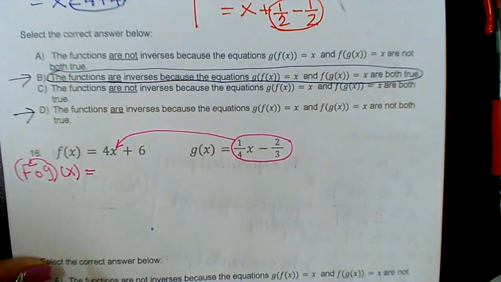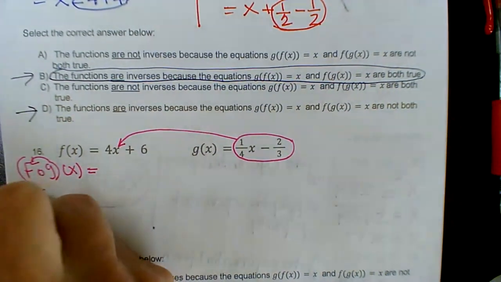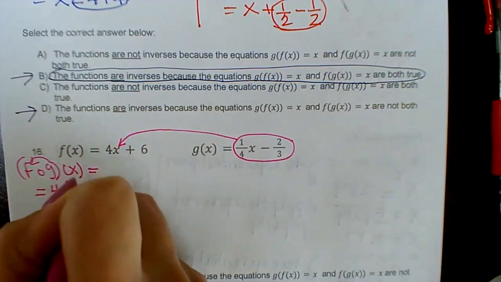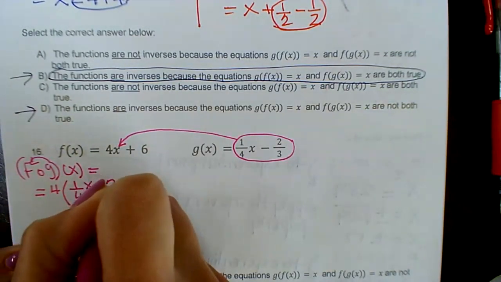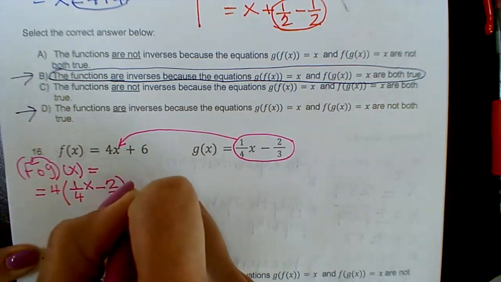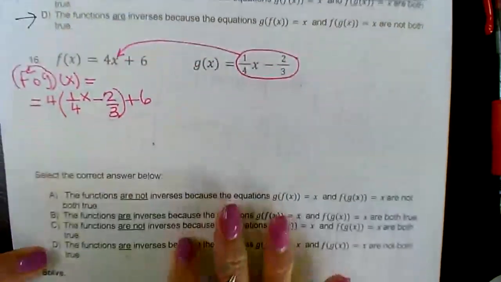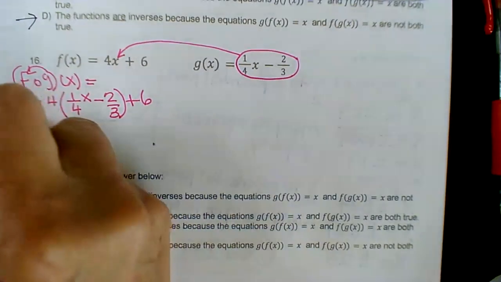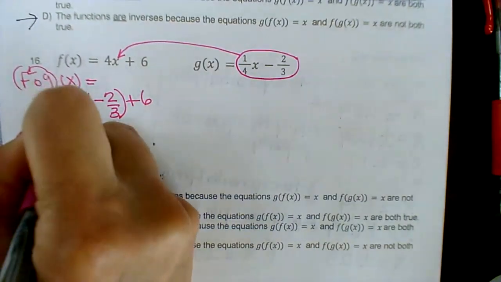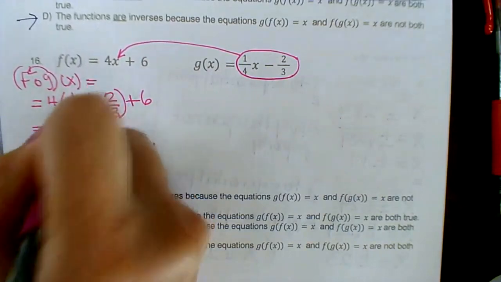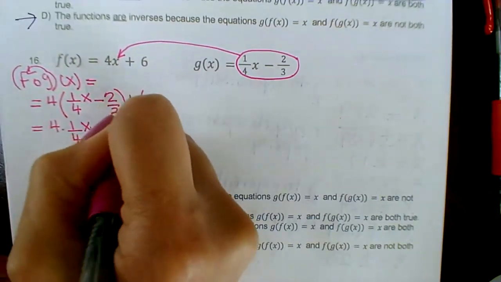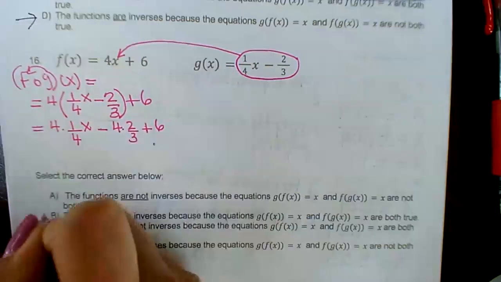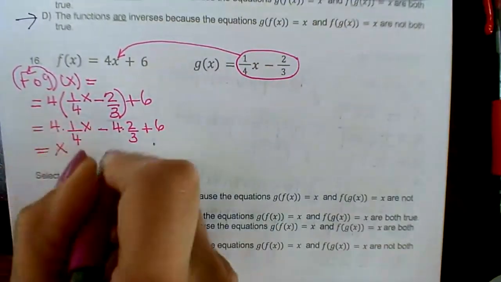So it's going to be 4 times 1 over 4x minus 2/3 plus 6. Okay, now let's multiply it. 1 times 1 over 4 minus 4 times 2 over 3 plus 6. So this is going to be x.